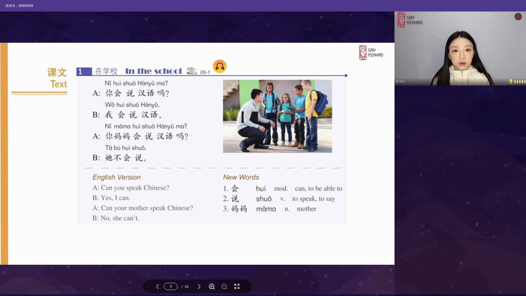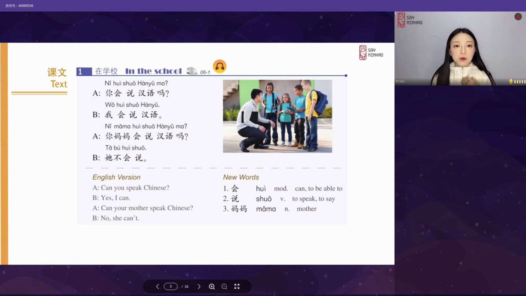I will be A and you will be B, okay? 3, 2, 1. 你会说汉语吗？你妈妈会说汉语吗？Okay, let's switch the roles.